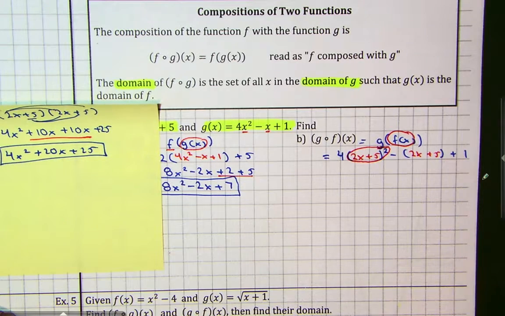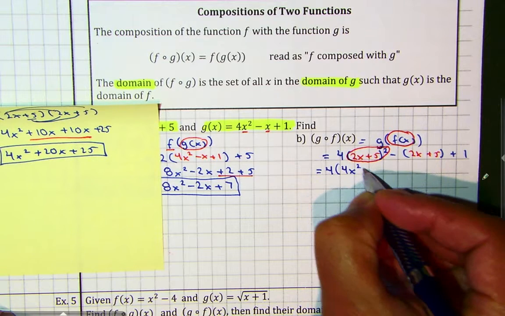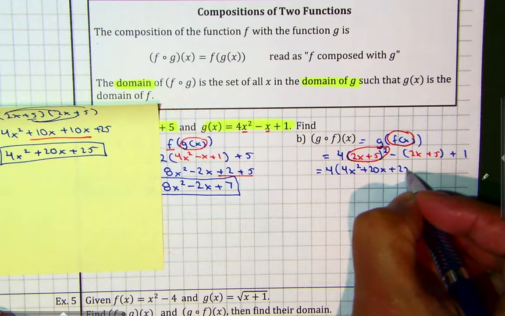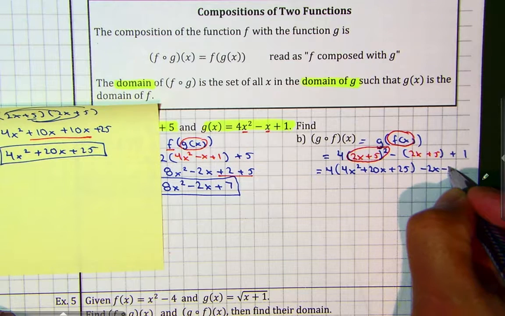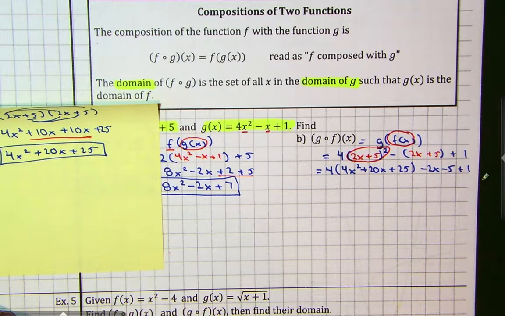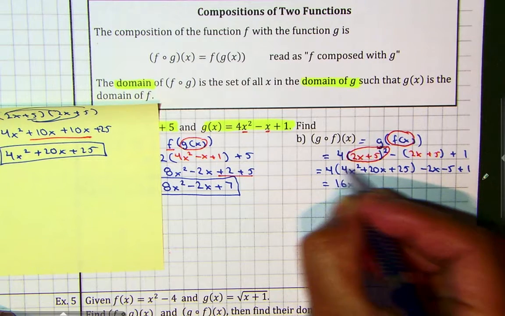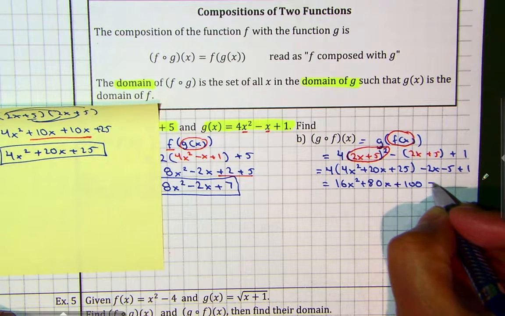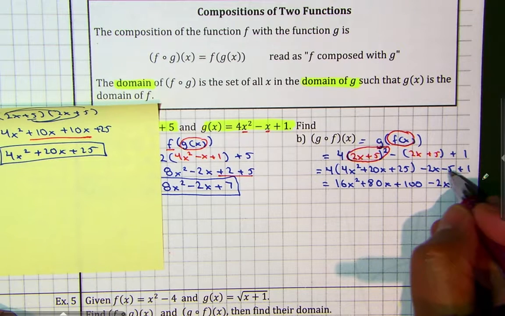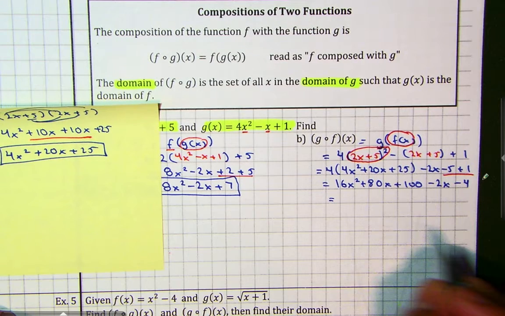So therefore, we have 4 multiplied by 4x squared plus 20x plus 25. Distribute the negative, so therefore I have negative 2x minus 5 plus 1. I'm going to use my distribute property to multiply this out, so it gives me 16x squared. 4 times 20 is 80x plus 100 minus 2x, and I'm going to combine those two terms, so that gives me a negative 4.